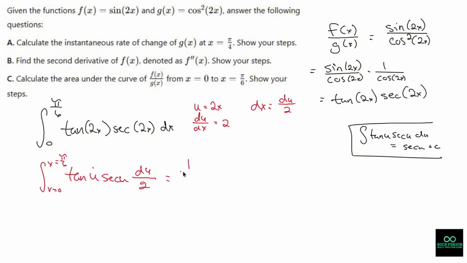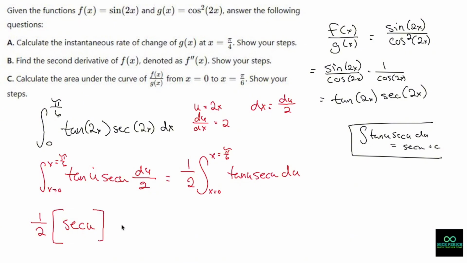Basically, pull the 1/2 out. My limits are still x going from 0 to pi over 6, and then I have tan u secant u du. According to what I just wrote over there, that becomes secant u, where my x limits are still 0 and pi over 6.